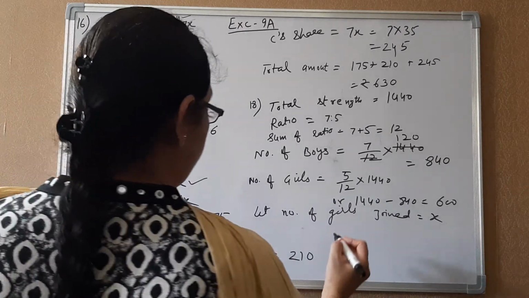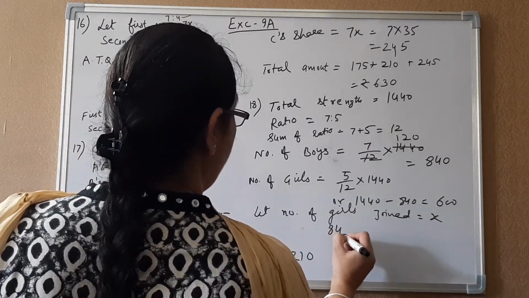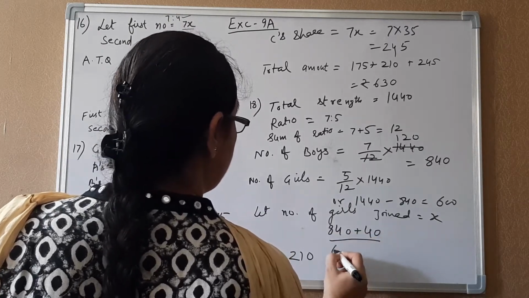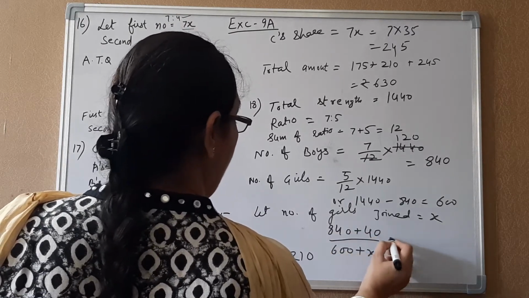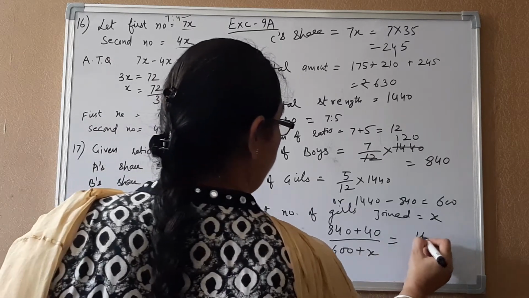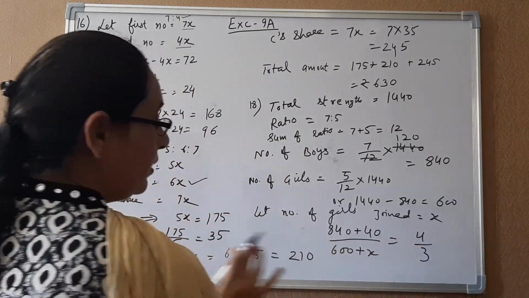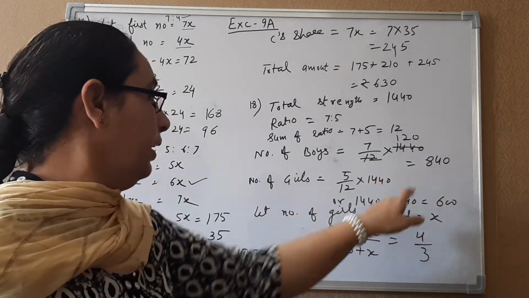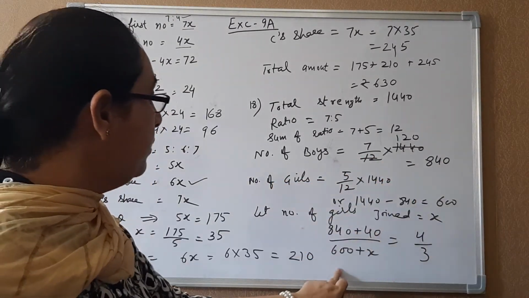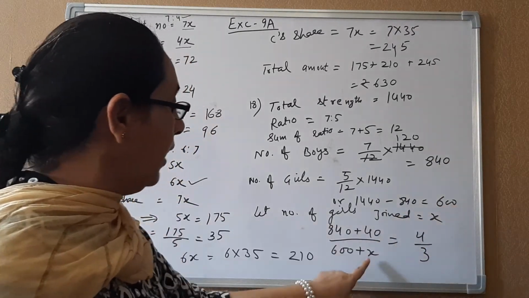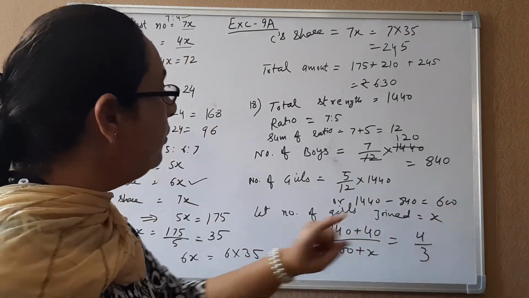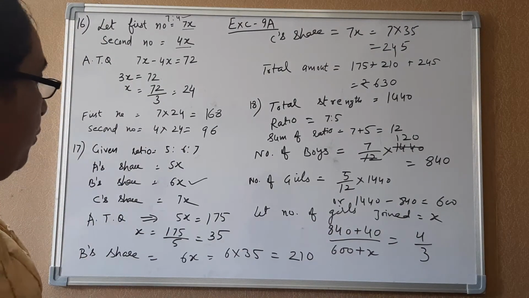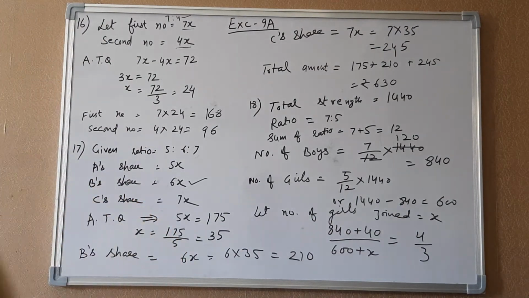It means in the boys 40 are added, in the girls X is added, and the ratio has become 4:3. Have you understood this part or not? The number of boys was 840, 40 are added here. The number of girls is 600, X are added here. And the new ratio we want is 4:3. Now, can you find out X?